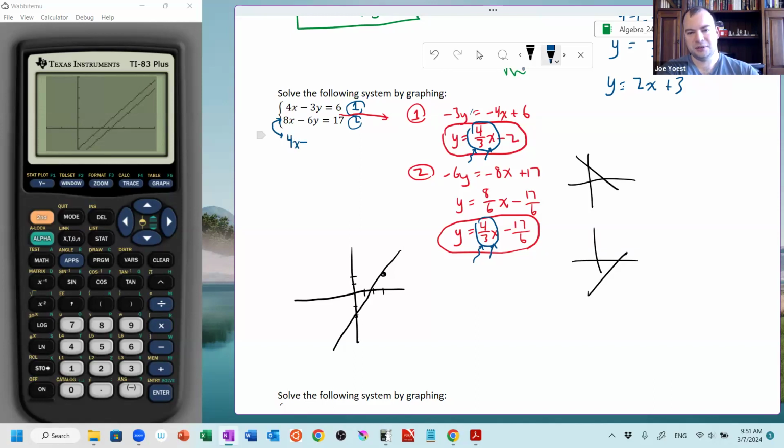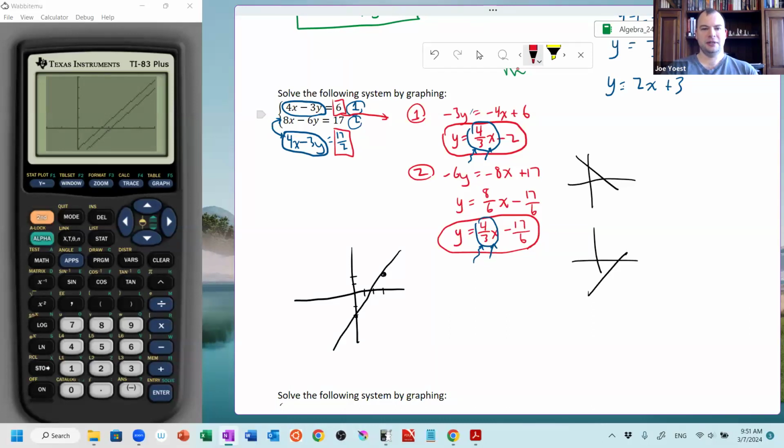That's 4x minus 3y equals 17/2. I noticed that my relationship between x and y is the same between equations 1 and 2. I have the same left side, but a different right side.